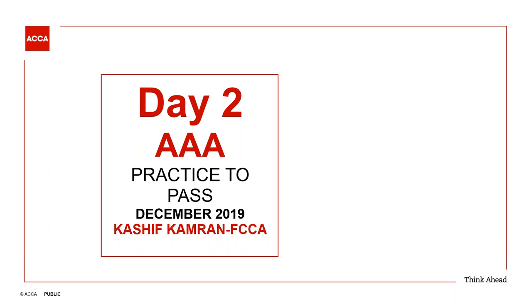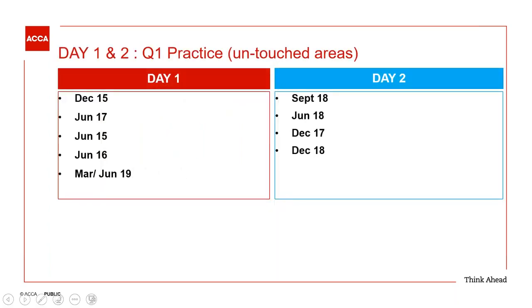Now the agenda of day 2 is the same as the agenda we had for day 1 yesterday, and that is to focus on question number 1 of the AAA exam paper and the untouched areas. Yesterday, on the very first day, I started to focus on the first question, and we did the December 15 question, the June 17 question, and the June 15 question.